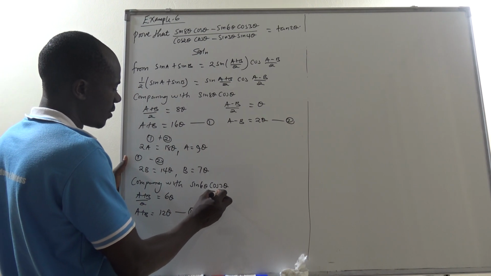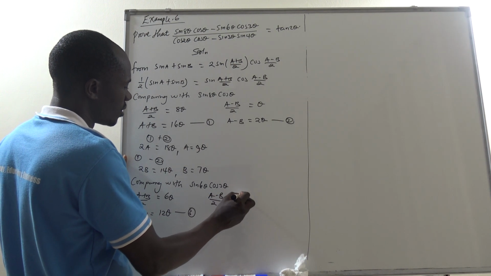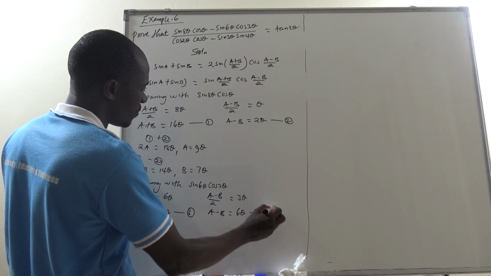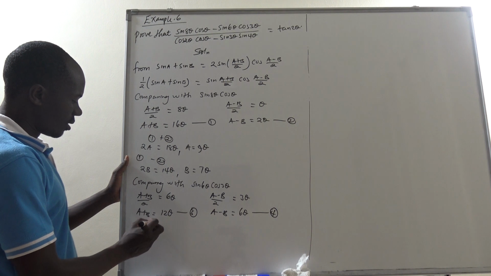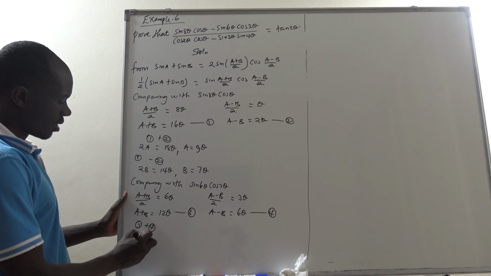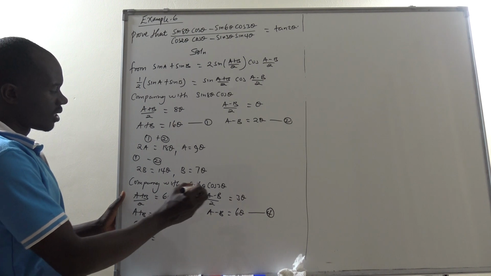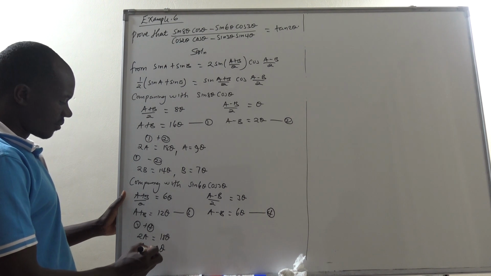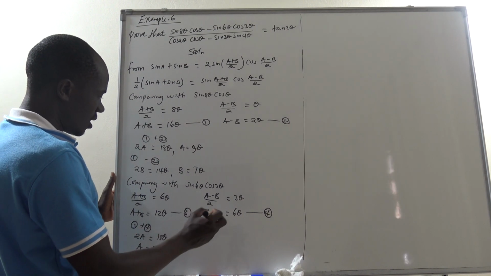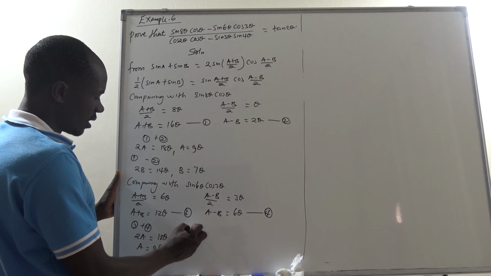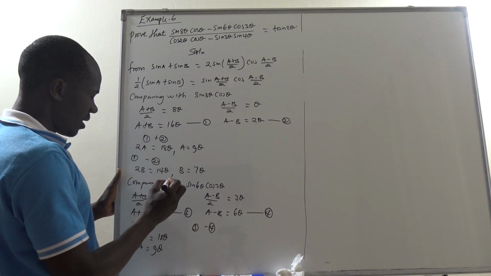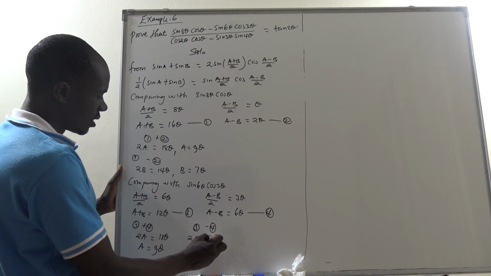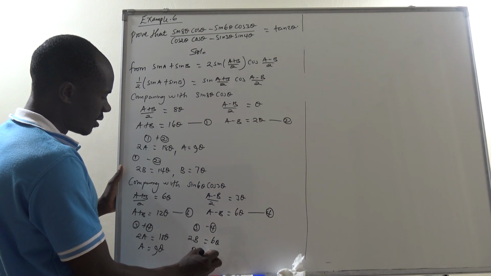We also come to another one: (A−B)/2 = 3θ, so A − B = 6θ. This is the fourth. Then equation 3 plus 4: A plus A, we are getting 2A = 12θ + 6θ, which is 18θ. What is A? A is 9θ. For B, we say equation 3 minus 4: A minus A, it goes; B minus minus, you are getting 2B = 6θ. So B alone is 3θ.